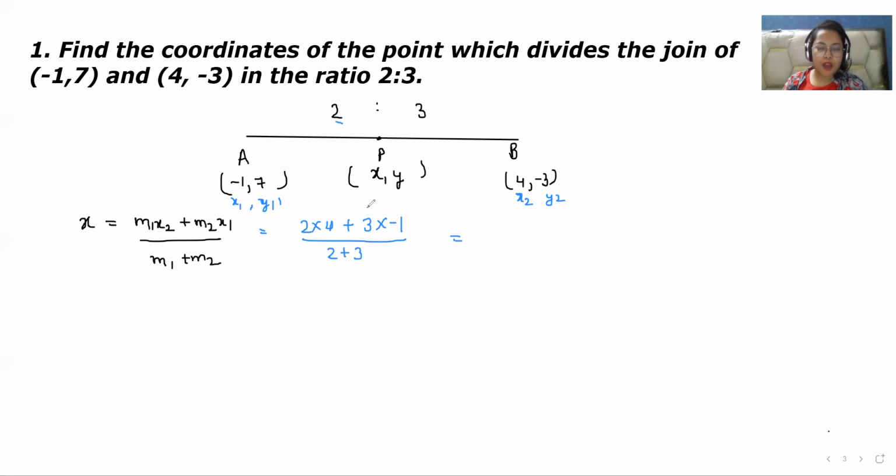So 2 multiply 4 is 8, 3 multiply -1 is -3, over 5. So 8 minus 3 is 5 over 5, that is 1. For P, x is 1.